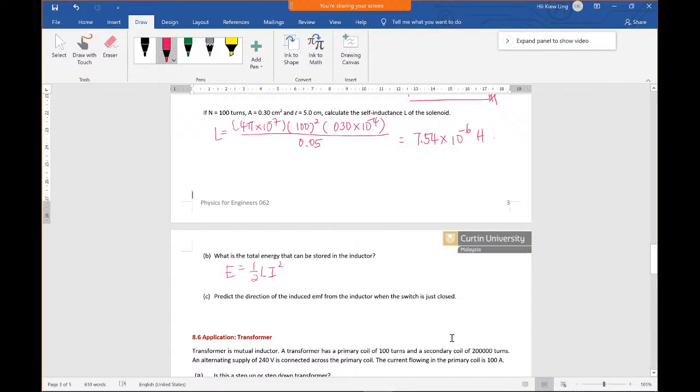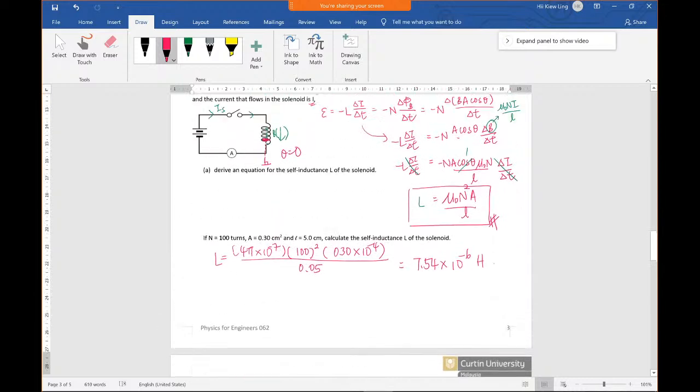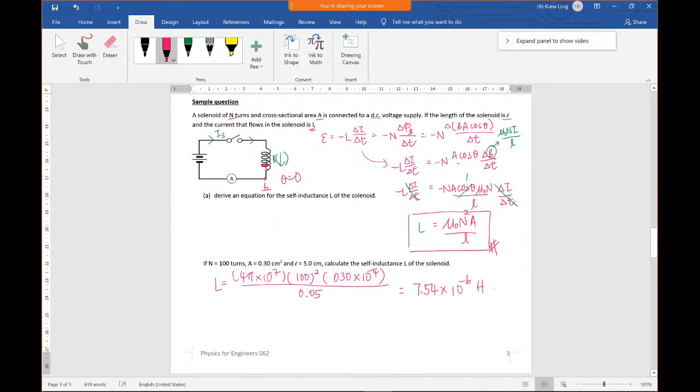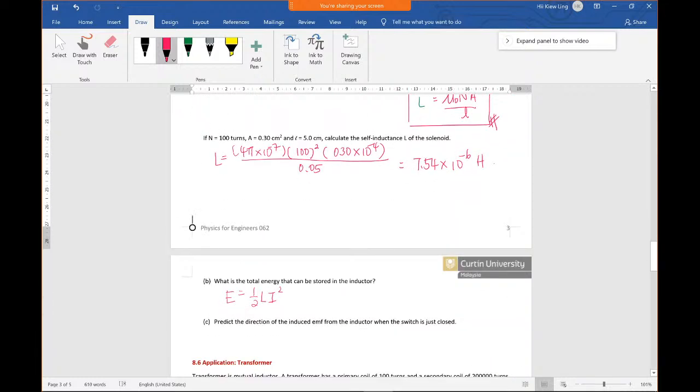The one that we have looked at just now, the direction of magnetic field is going downwards, right? So write down the 3 steps. Predict, observe the change, oppose the change, and finding the direction.